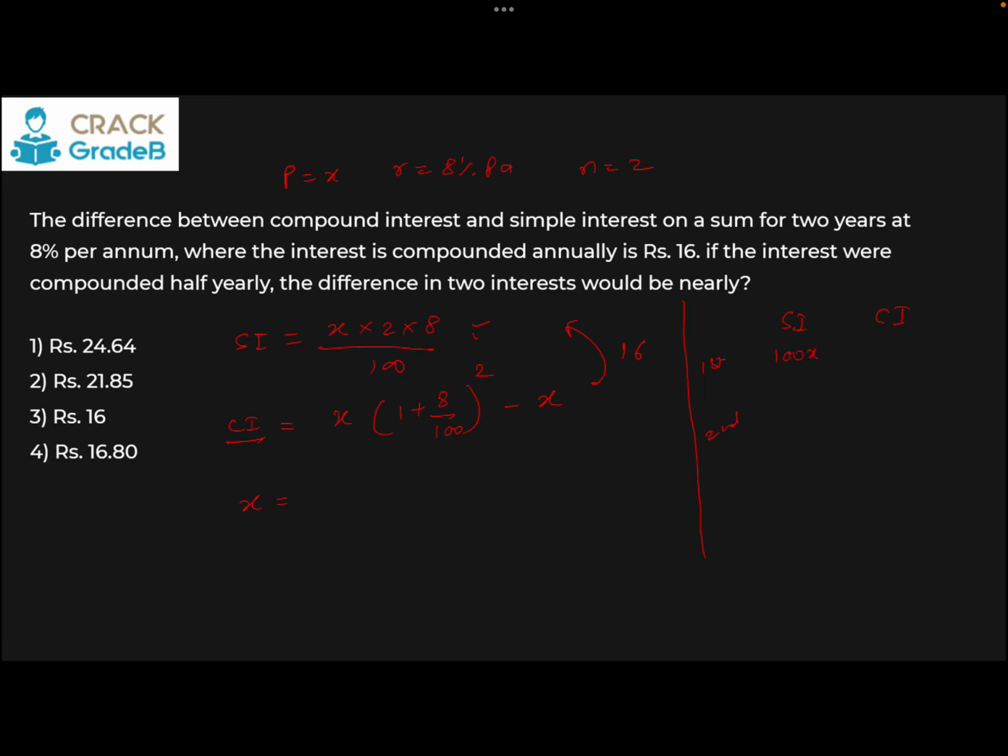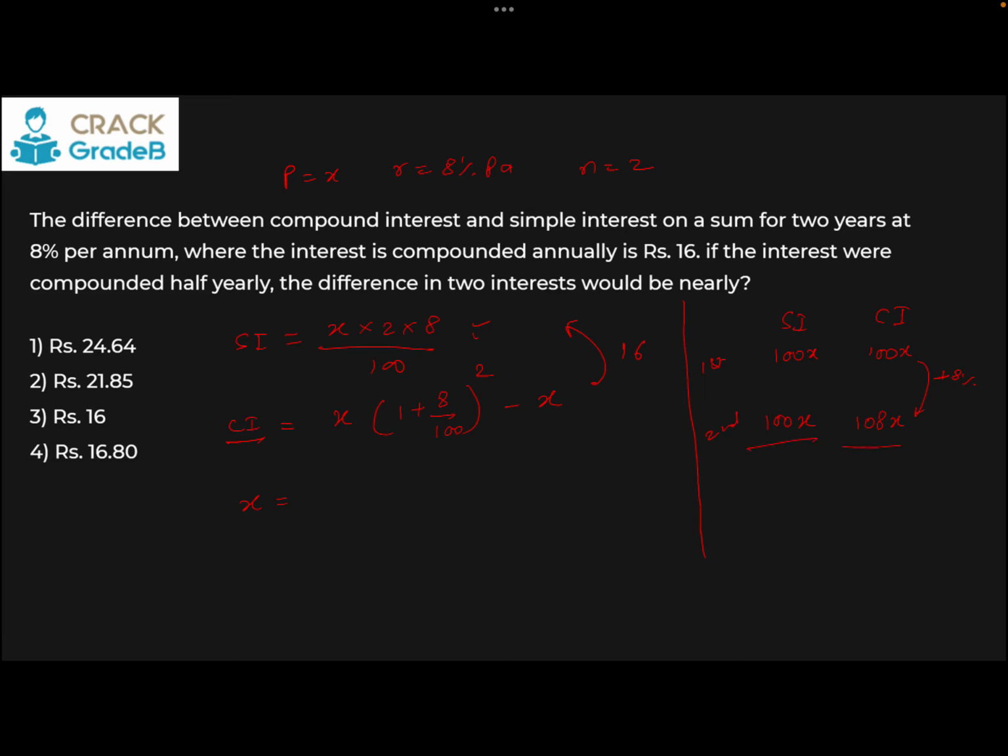For the first year, let's say simple interest is 100x. Simple interest is the same every year, so for the second year also, the simple interest will be 100x. For the first year, simple interest and compound interest are equal, so the compound interest is 100x, and the compound interest increases by R% every year. So for the second year, it is going to be increased by 8% and hence will become 108x.